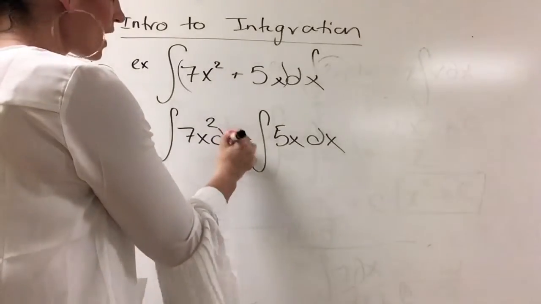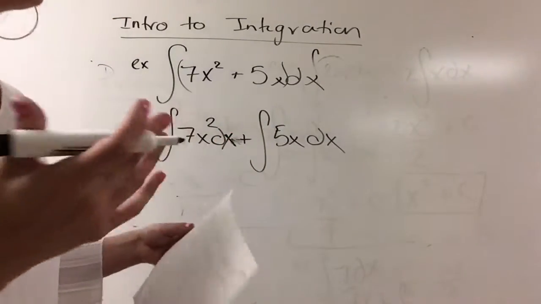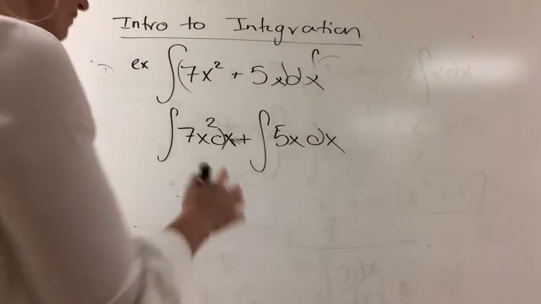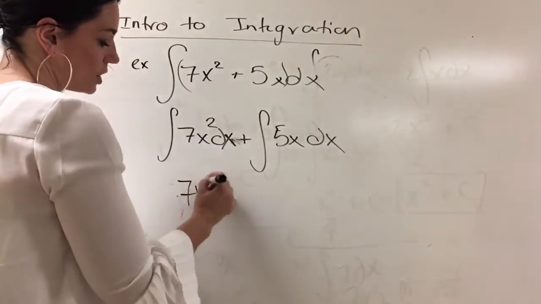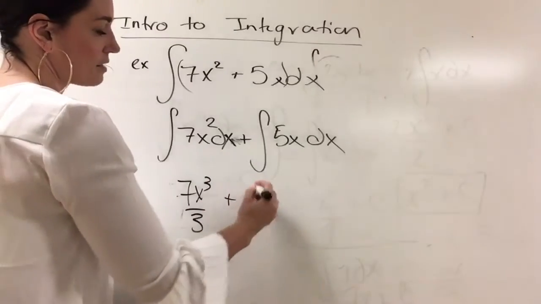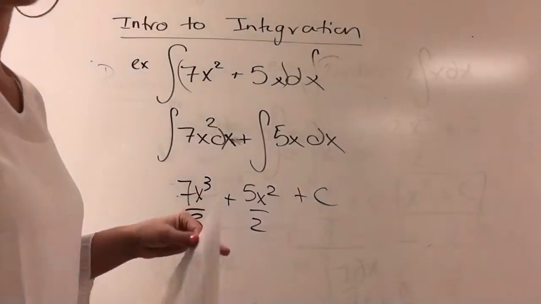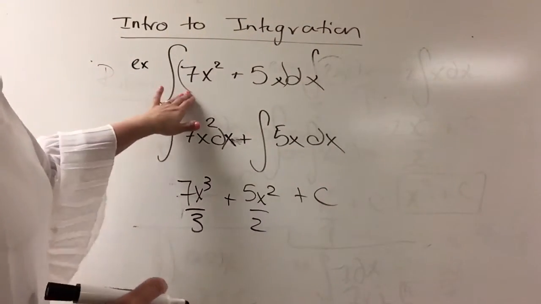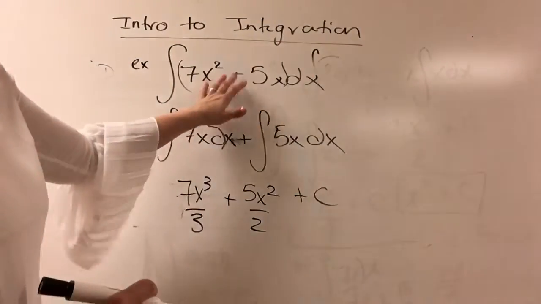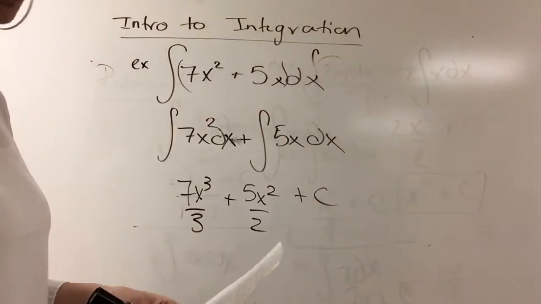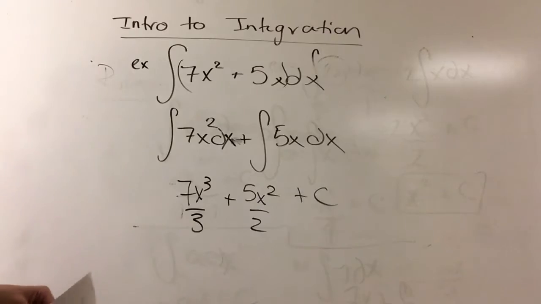It's the same thing as when I ask you to find the derivative of 2 polynomial functions added together. You simply find the derivative of one and find the derivative of the other. So this would be 7x cubed over 3 plus 5x squared over 2 plus c. You don't need the plus c twice. So whenever you're doing the integral of 2 things added or subtracted together, you can simply find the integral of each piece individually, okay?